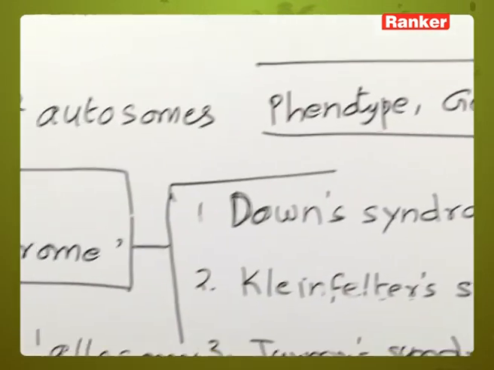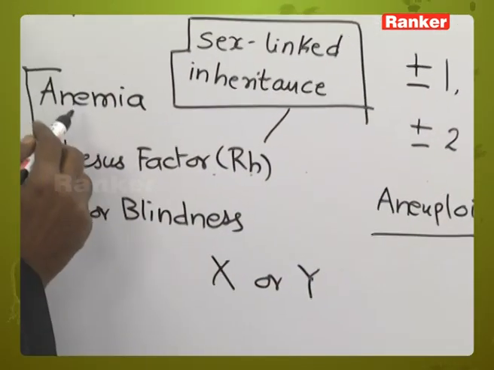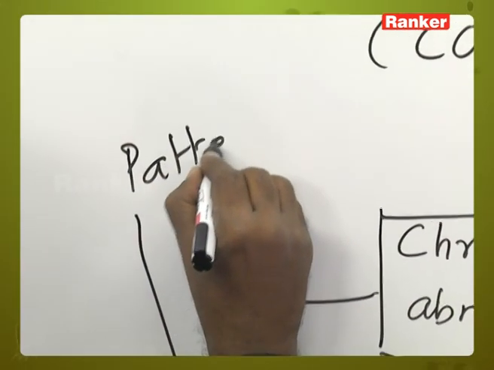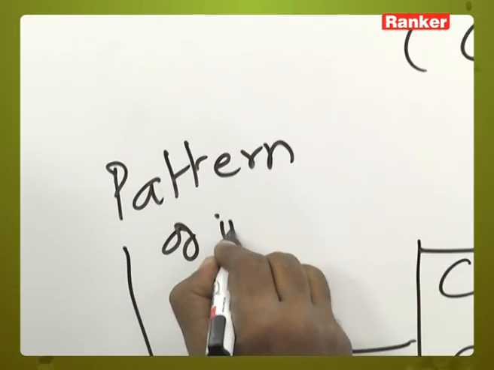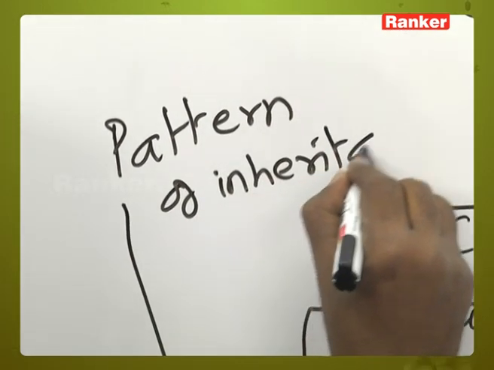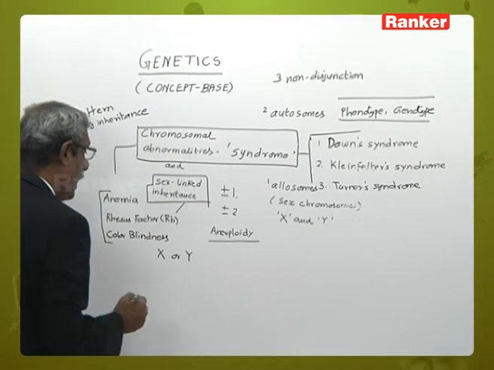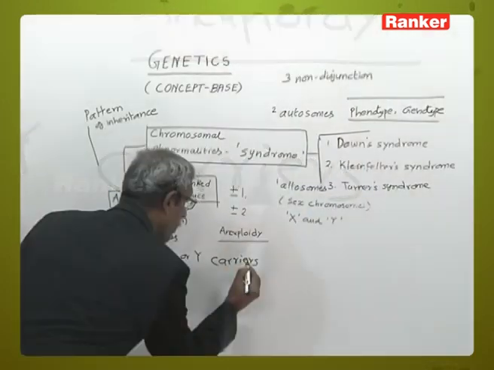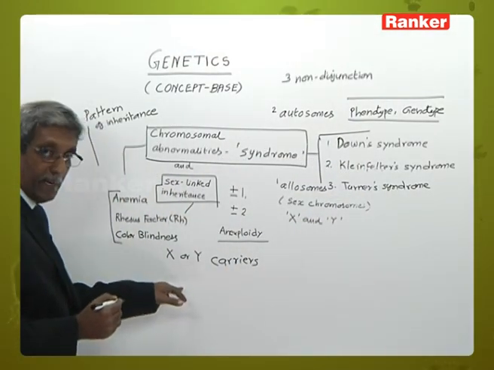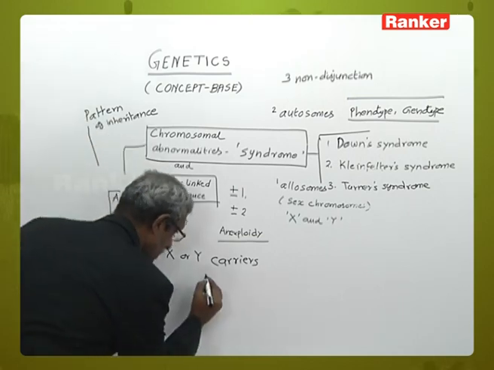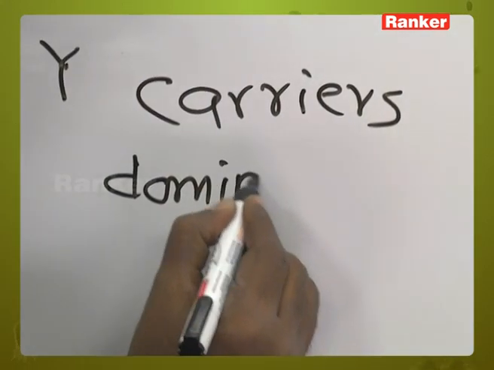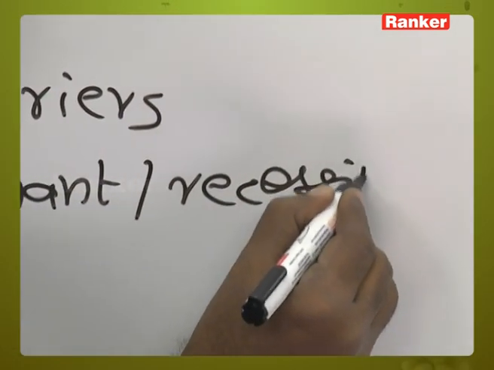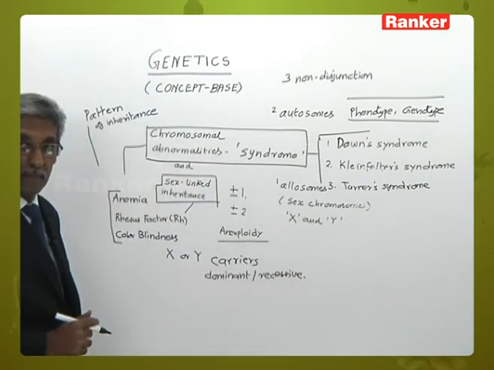And when it comes to color blindness, rhesus factor or anemia, the pattern of inheritance, how the character is transmitted from the parents to the offspring, and who are the carriers of the particular gene of inheritance, and whether the gene of inheritance is dominant or recessive would be studied.